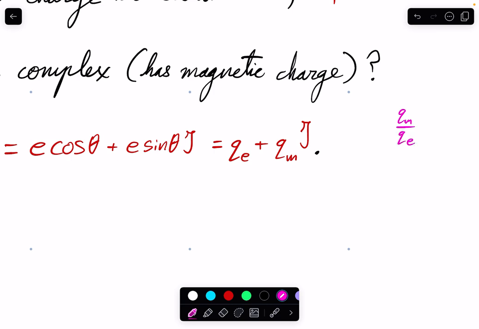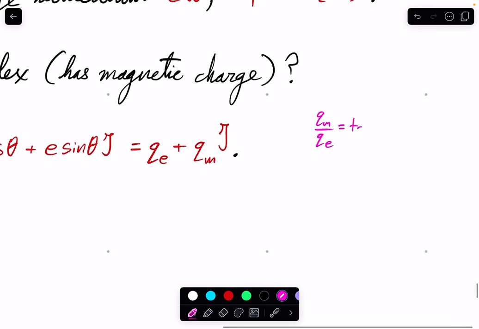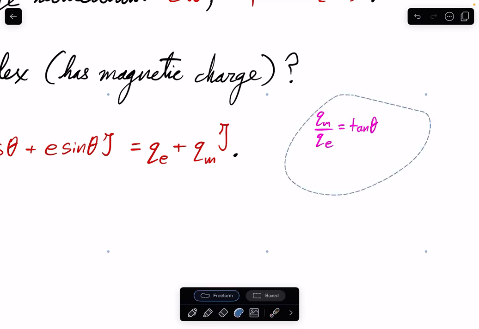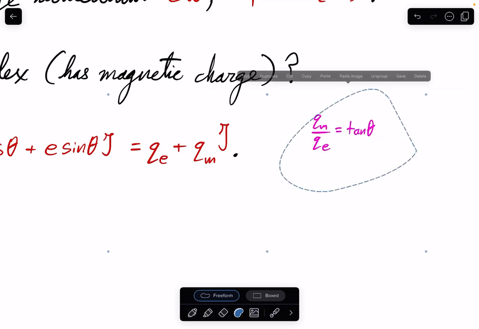Qm over Qe is equal to tangent of theta. This will be useful in the next video where we consider dual symmetry with source charges, but we'll return to this again in the next video. It's not important here.